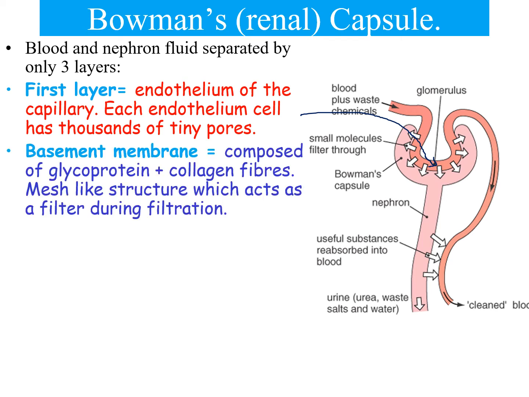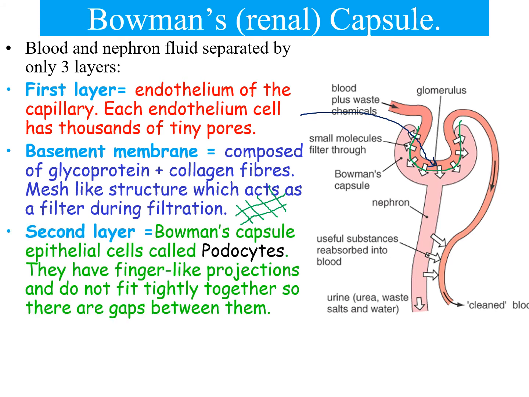Between the endothelium of the capillary and the epithelium of the Bowman's capsule, there's another layer of molecules, made of glycoprotein and collagen fibers, and basically it's a mesh-like structure, which makes it very strong because collagen fibers will withstand high pressures. But because it's a mesh-like structure, only small molecules are going to be able to fit through it. So it's a filter, effectively.